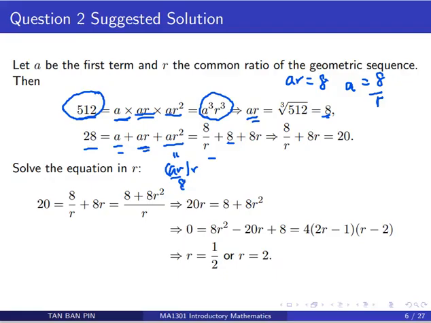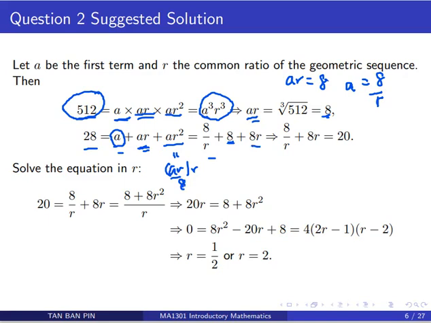AR is 8. We found AR is 8 after you take the cube root. So you express A as 8 over R to replace the first term A by 8 over R. Second term AR just replaced by 8. Third term AR squared, write it as AR times R. AR you sub as 8, so it's 8R.